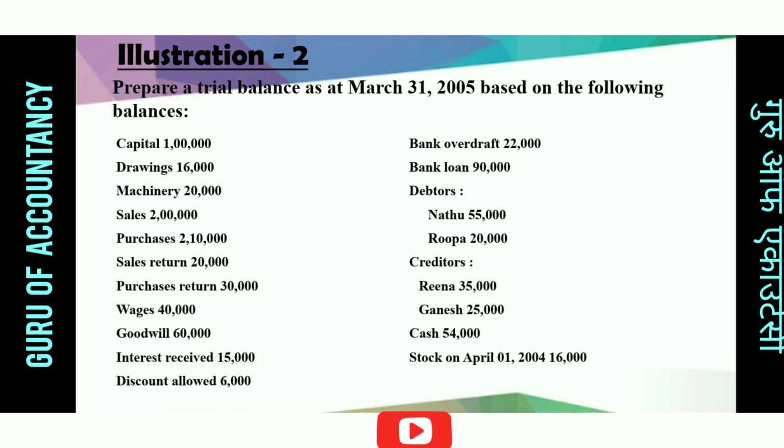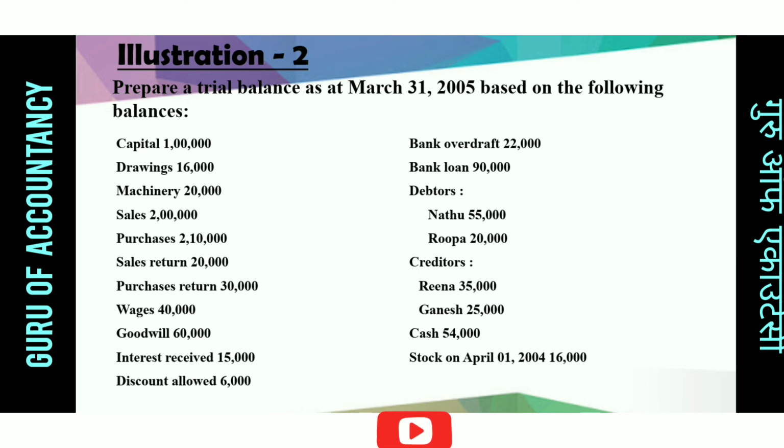So capital will go in the credit column, drawing debit balance, machinery debit balance, sales credit balance, purchase debit balance, sales return debit balance, purchase return credit balance, wages debit balance, goodwill it is asset, so debit balance, interest received it is income, so credit balance, discount allowed it is expense, so it is a debit balance, bank overdraft it is a liability, credit balance, bank loan if it is taken then credit balance.